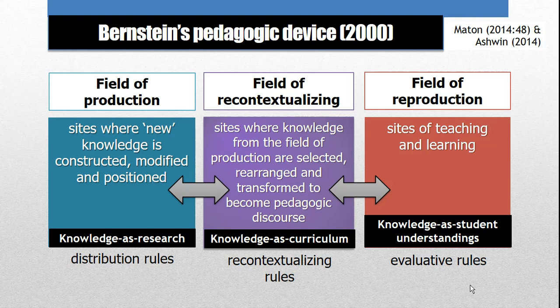Then from there, once you've developed this curriculum, you consider how you're going to teach it. Okay, this is where your teaching and learning strategy and your assessment strategy come in. How are students actually going to engage with this curriculum? And so, drawing on Ashwin's translation: knowledge as research, knowledge as curriculum, and then knowledge as student understandings.